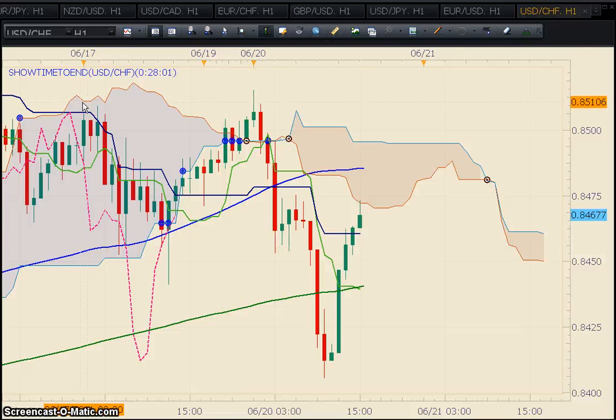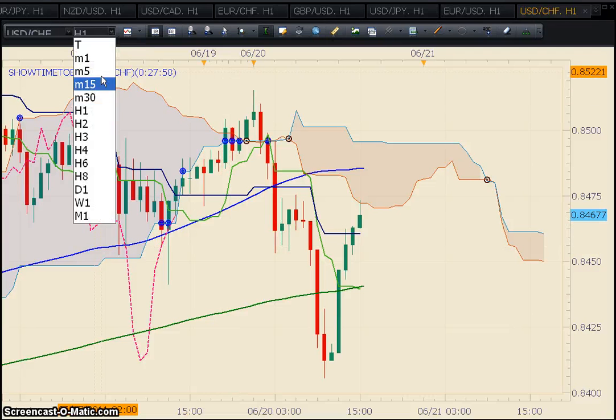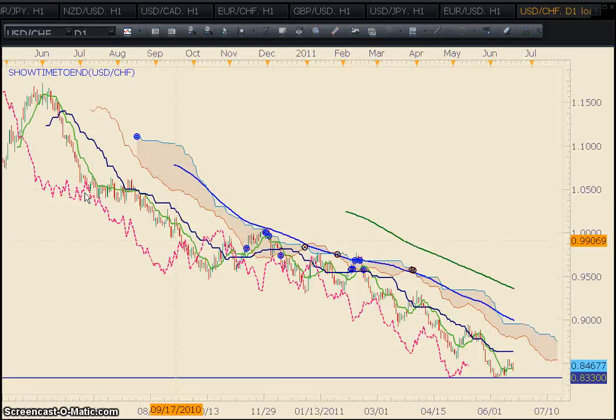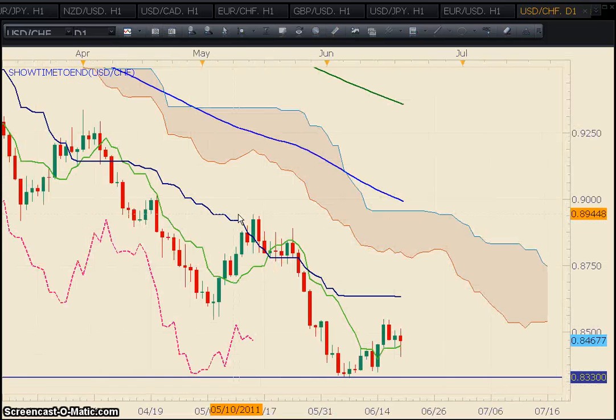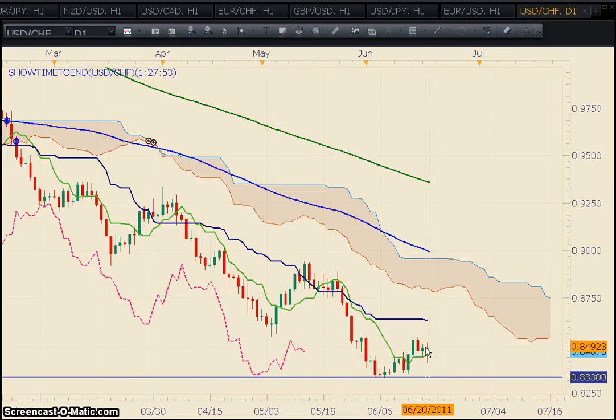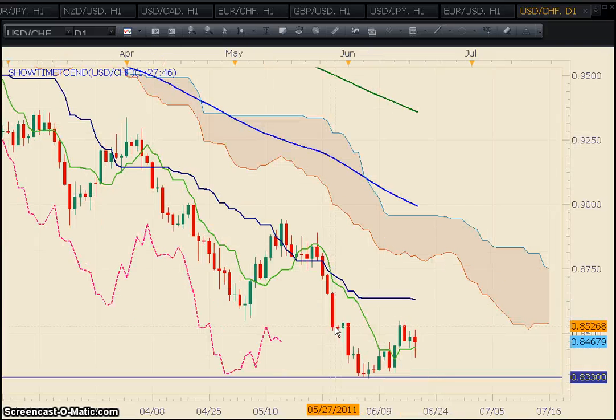Now I look at the daily, and my market sentiment is bearish. Price is below the cloud and everything. So we went over that and talked about the trade and why we got in. But now you say, oh, don't go against that daily trend.